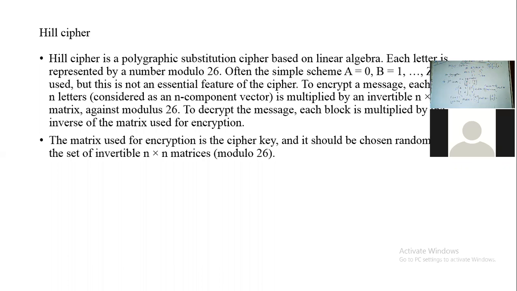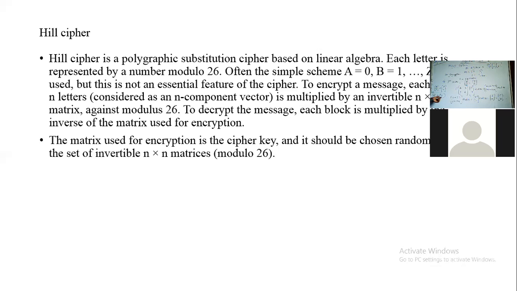And what are the corresponding letters of 5 and 10? The corresponding letter of 5 is F, and of 10 is K. In this way AT becomes FK.